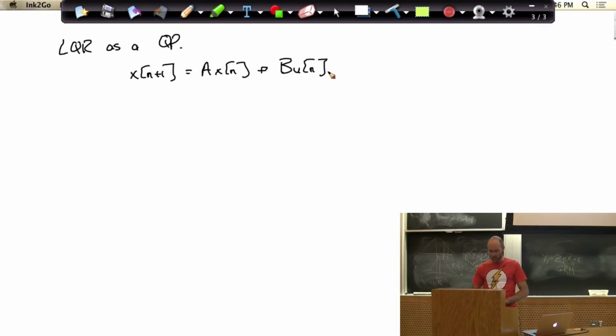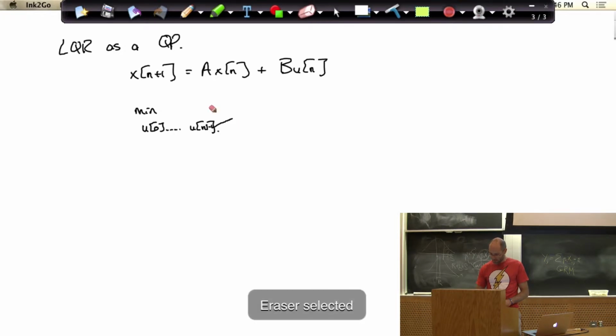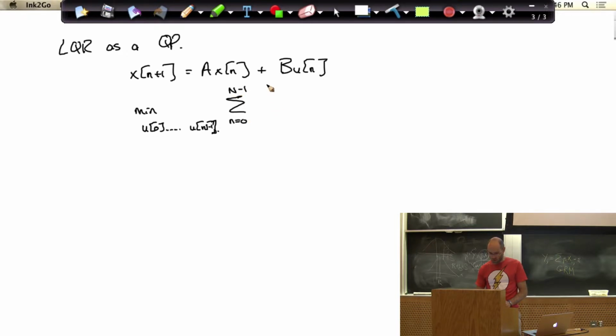So I'll write down my linear discrete time dynamics. And let's try to minimize over some finite time my inputs, of my quadratic cost.